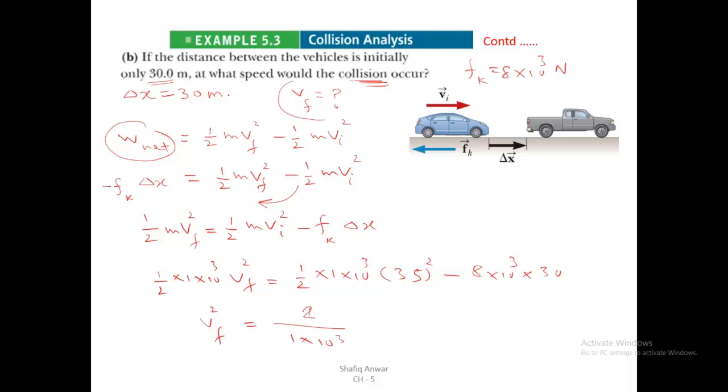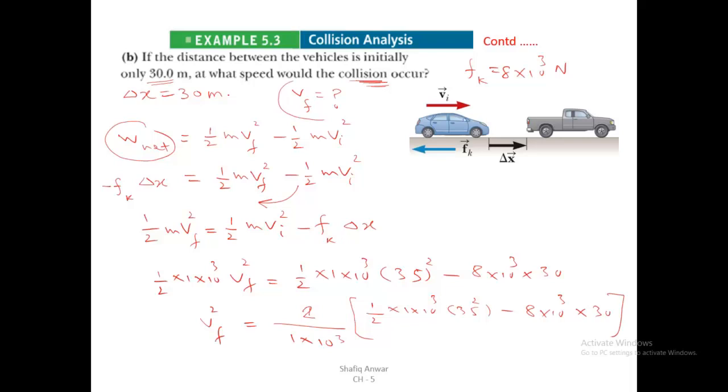Now I have all these things here, so this is just mathematics you have to do. 1 by 2 times 10 raised to power 3 times 35 square minus 8 times 10 raised to 3 multiplied by 30.